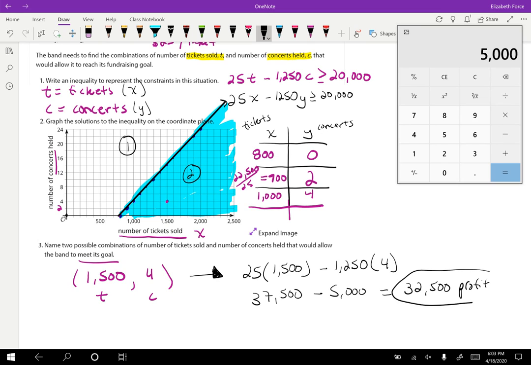So really anybody in that blue region. So if I were to pick another one, let's do 2,000 tickets sold and 14 concerts. And I'll leave the math to you to double check it if you want, but safe to say anybody sitting in that region is going to work.